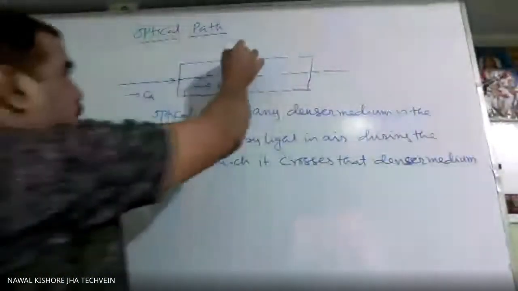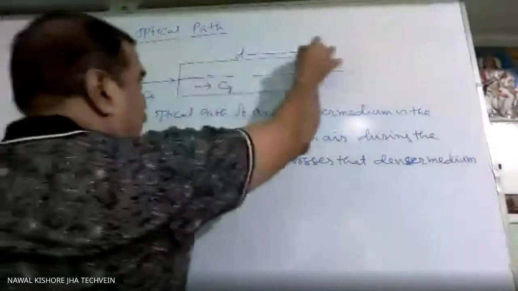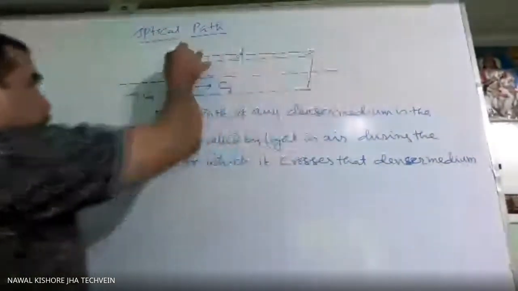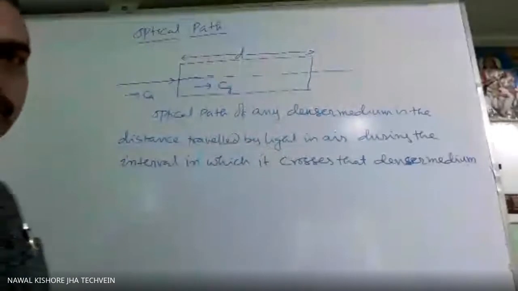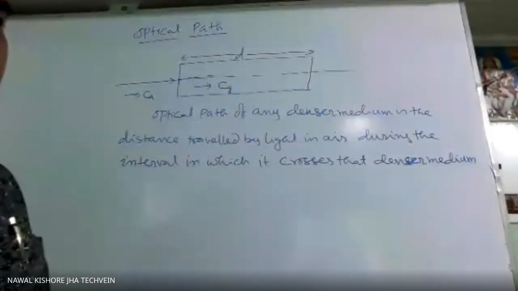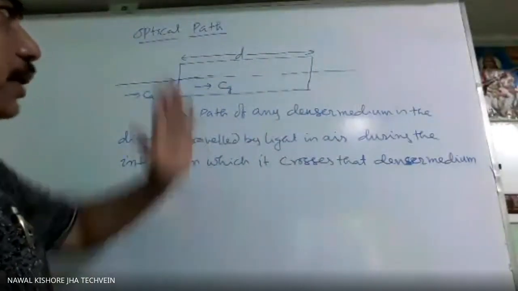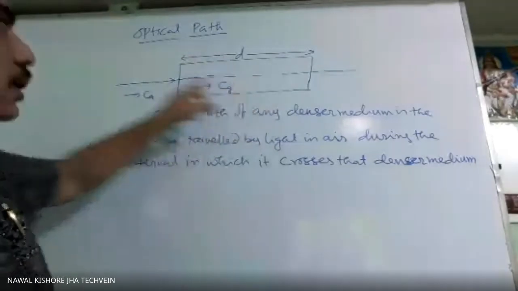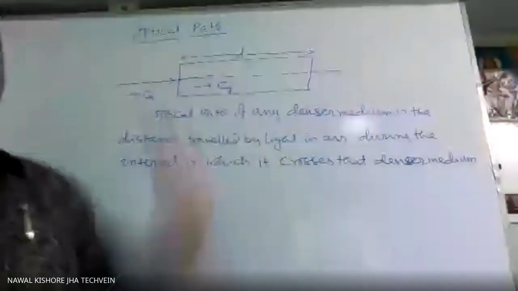So suppose this distance is d. What will be the time in which light crosses this medium?